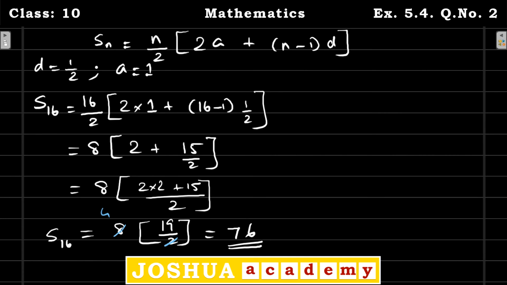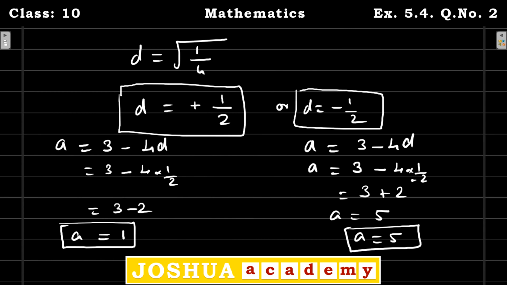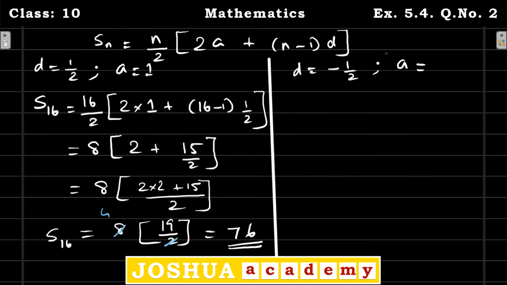Suppose you apply the same concept for the second set of a and d values. What is the second value of d? d is equal to minus 1 by 2 we got. In this case, the value of a is 5. Now I am going to substitute this in the formula for S16.